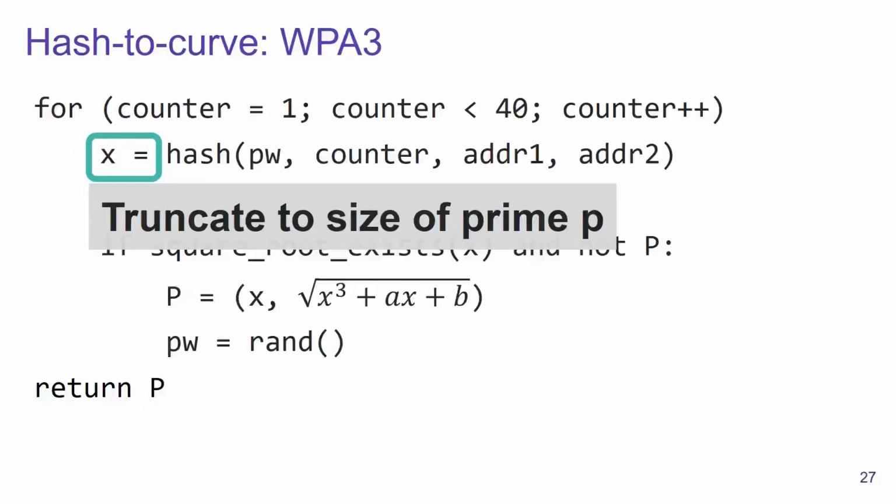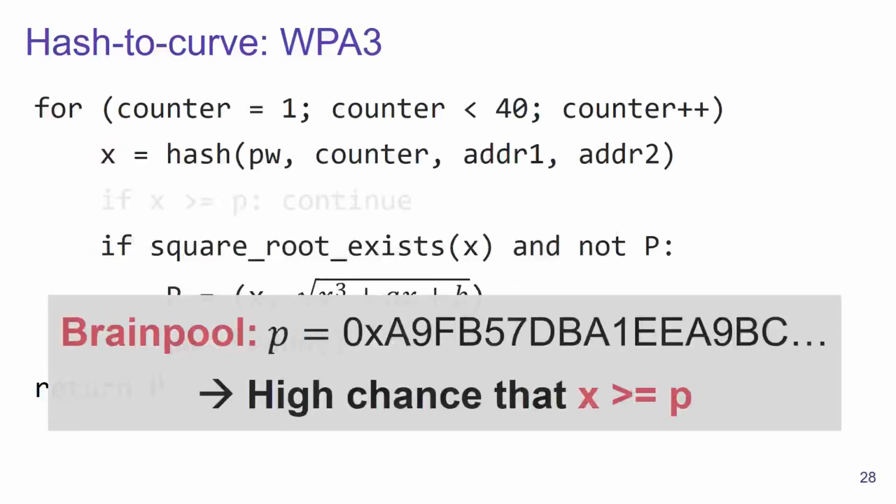However, this truncation is not always sufficient. In particular, if we use brainpool curves, then even if we truncate the hash output, there is still a high chance that the resulting X value is bigger than the prime of the curve. And we want to avoid that because it introduces a small bias into the subsequent cryptographic calculations.